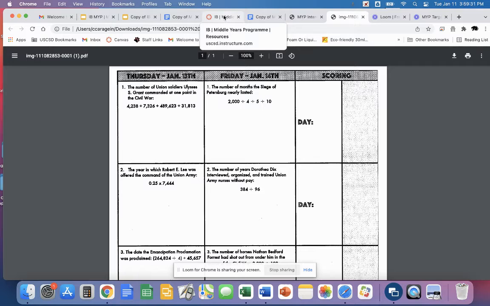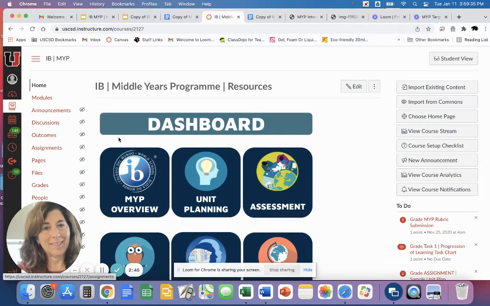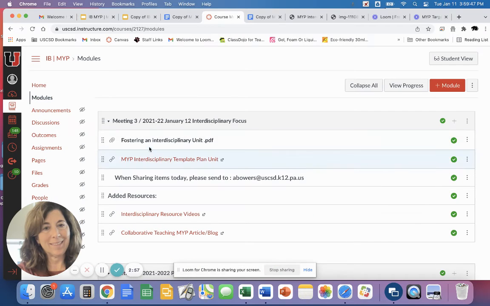If you do that in the IB dashboard today, we have in our module some tools that will help you. You're not going to go to unit planning, although this is a unit plan. In today's module, you're going to have a lot of resources, one of which is a couple of videos and articles on interdisciplinary units.